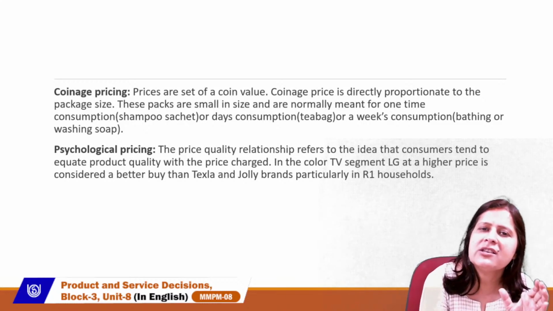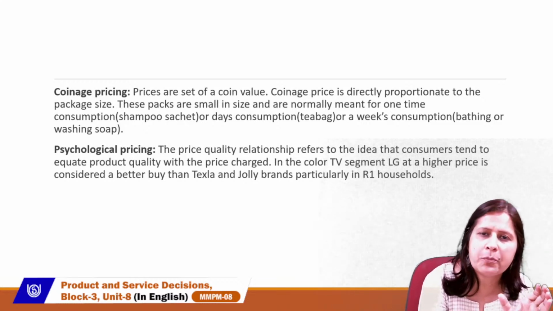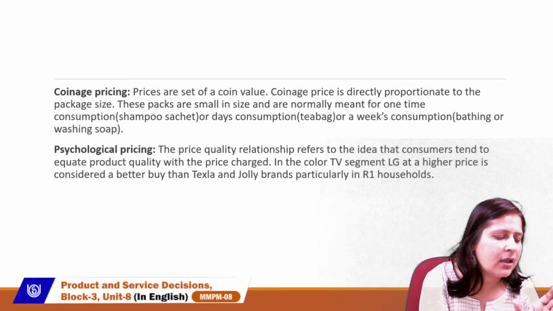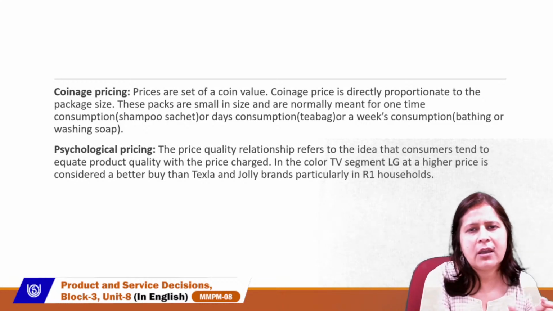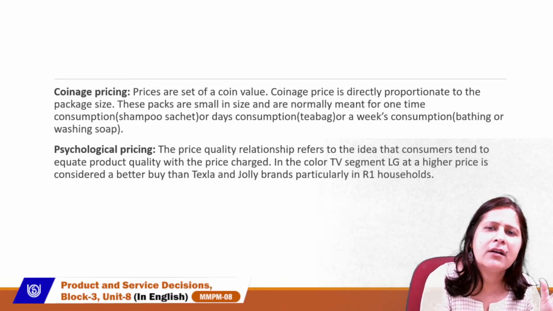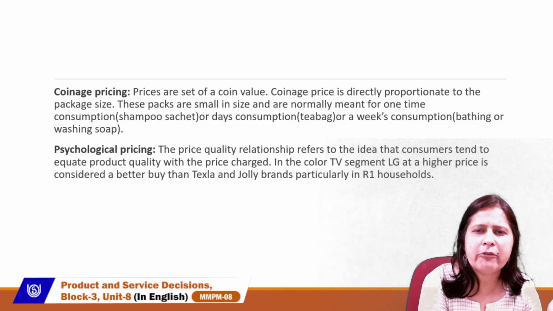That depends on the size of the product, what size you would like to prefer. Suppose a bathing bar of 100 grams will cost less than a bathing bar of 150, 200 or 250 grams.